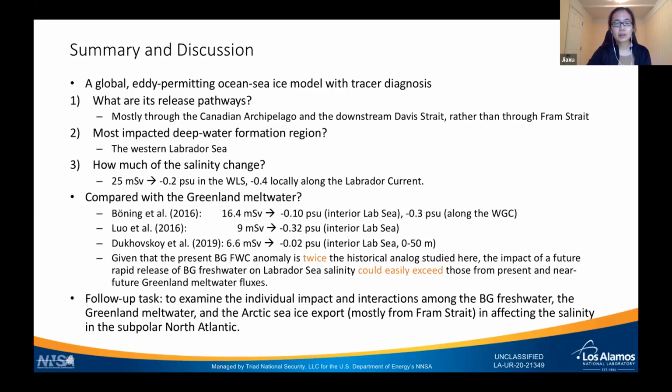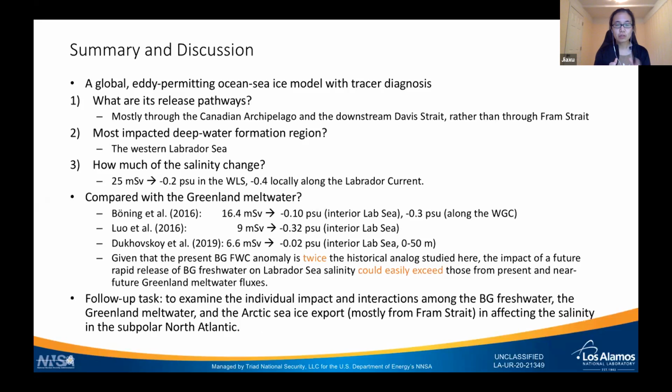Finally, I want to say that now all the comparison is really qualitative. So it will be really interesting to examine the individual impact and interactions among the Beaufort-Gyre freshwater, the Greenland meltwater, and the Arctic sea ice export, mostly from Fram Strait.